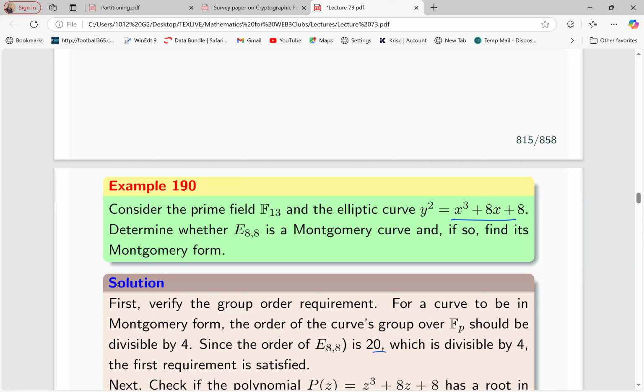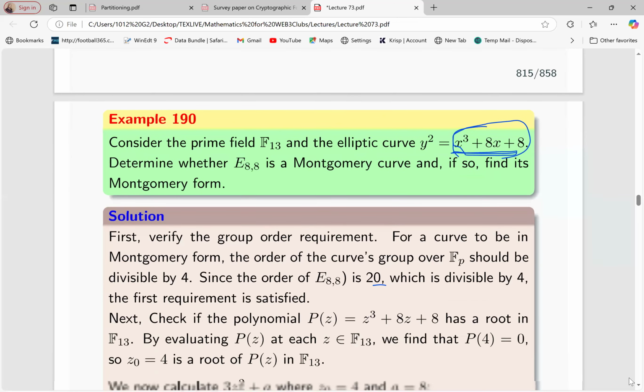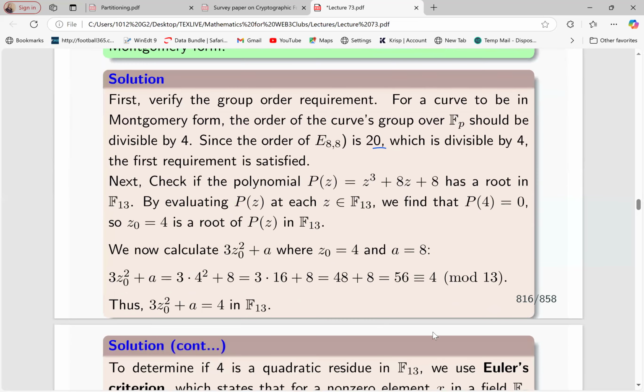Now you proceed to the second condition. Take this polynomial, equate it to 0, and see whether you can find the value of x. Find out whether the value of x exists. That's what I was doing here.